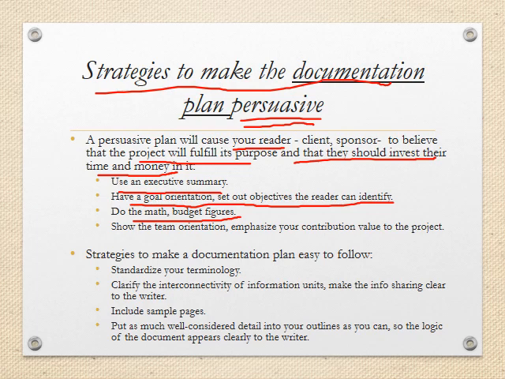Now, one of the things that the managers or readers or the client sponsors care about هو البادجت. Try to convince them by calculating or doing the math, putting the numbers so they will be convinced about your plan. Show the team orientation. Show them that there will be team orientation. What is the role for each one? Emphasize your contribution and value to the project. وضح your role. حاول تظهر الرول تبعك بالبلان وايش الرول اللي بيقوم فيه كل واحد من التيم members.